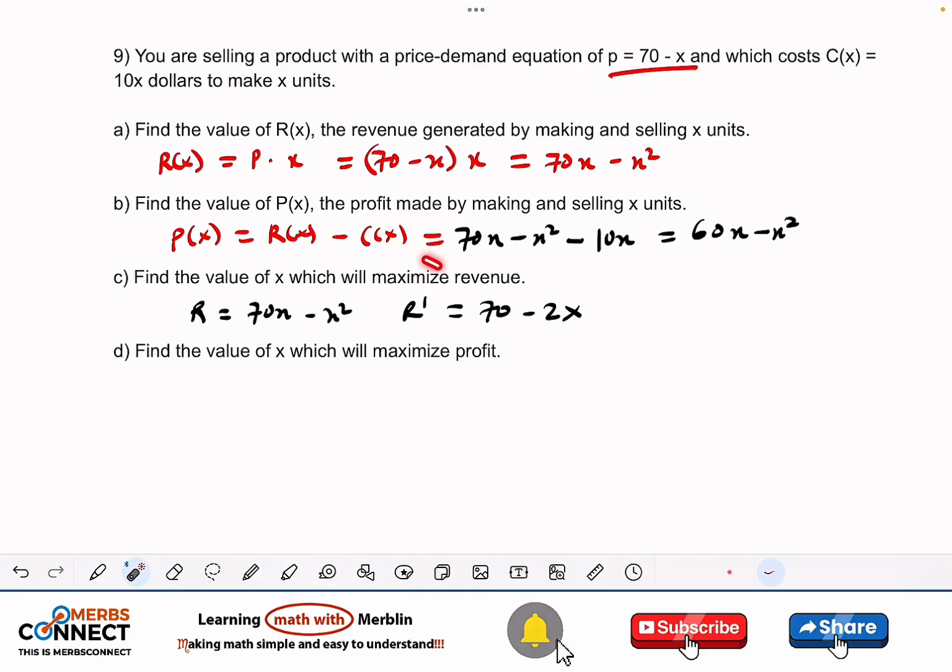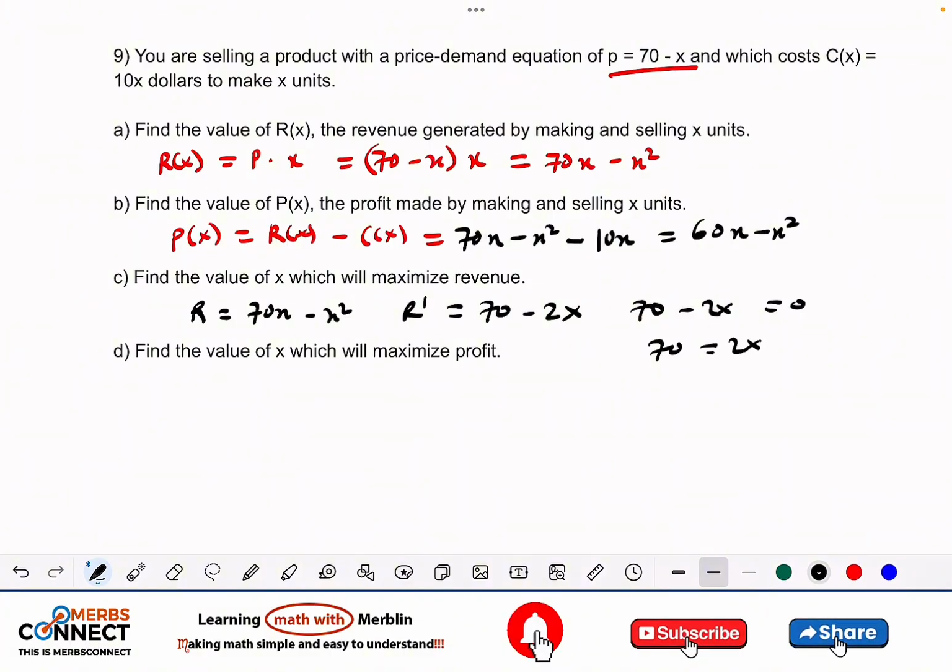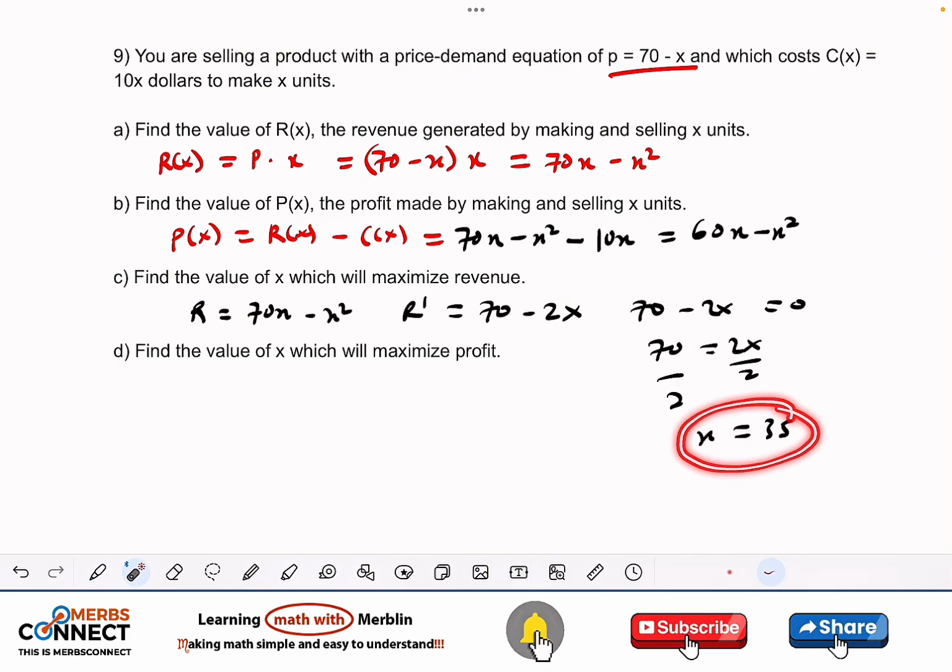For us to maximize, the X value should make sure this is equal to 0. So we set 70 minus 2X to 0. 70 is equal to 2X, and when you divide by 2, X should be equal to 35.